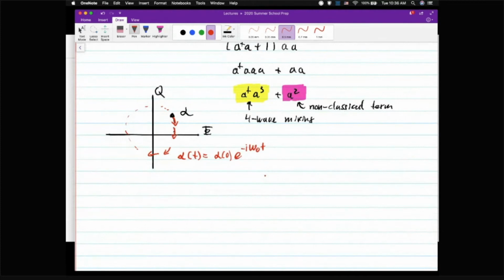In the quantum case, we similarly had that a hat of t, which is the Heisenberg picture evolution of the bosonic operator, is equal to a hat in the Schrödinger picture, or a hat at time 0 if you want, times e to the minus I omega naught t.